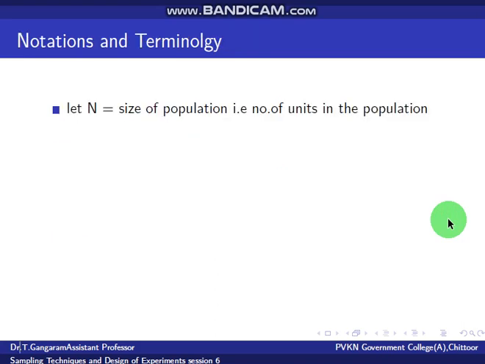Okay, let capital N be the size of the population, that is the number of units in the population. Y be the character under study. This character may be height, income, expenditure, marks, whatever it may be.